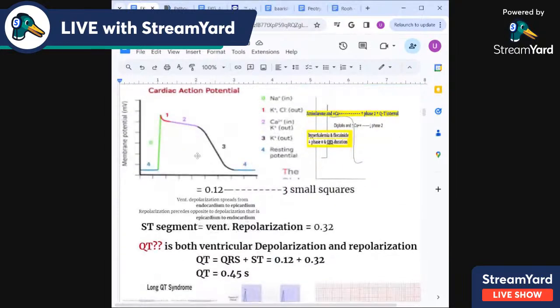So this is phase zero of the action potential here, and here is the sodium influx, and then in phases 1, 2, 3 there is potassium efflux, and also in phase 2 we have calcium influx. So this is the basics about it.